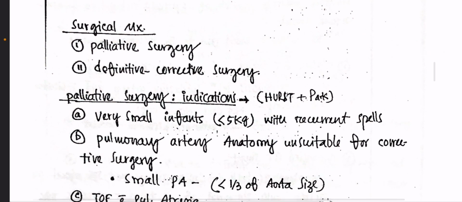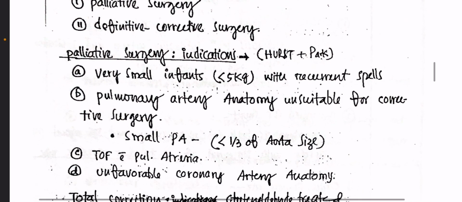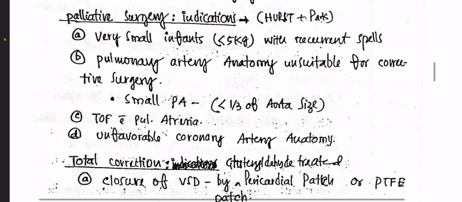Now, what is the surgical management for TOF? We will do palliative surgery and definitive or corrective surgery. What are the indications for palliative surgery? Very small infants less than 5 kg weight with recurrent spells. Pulmonary artery anatomy unsuitable for corrective surgery.